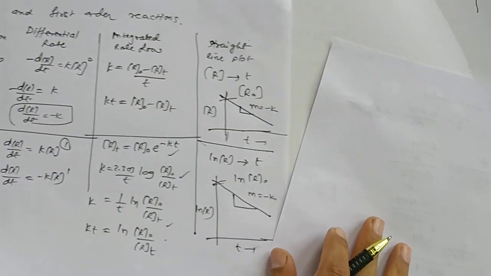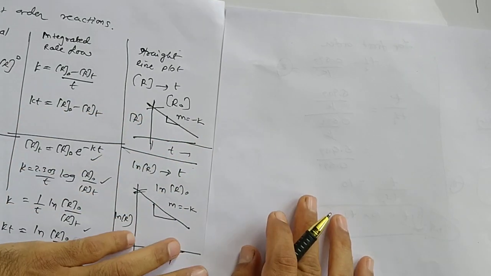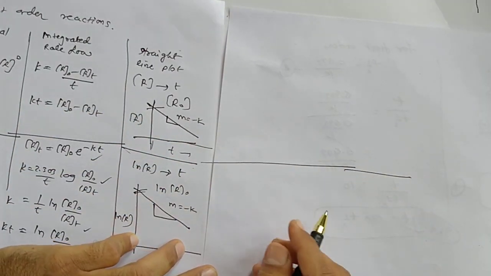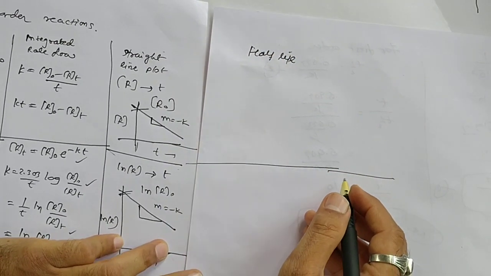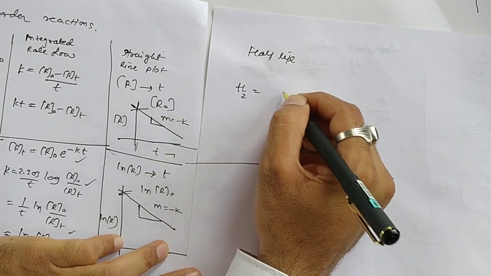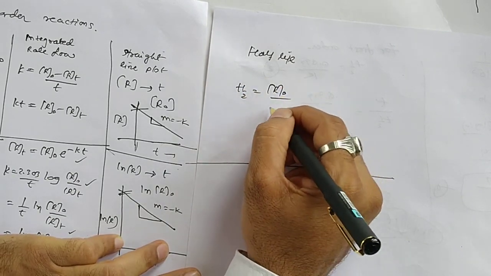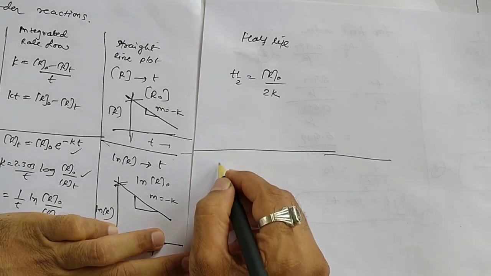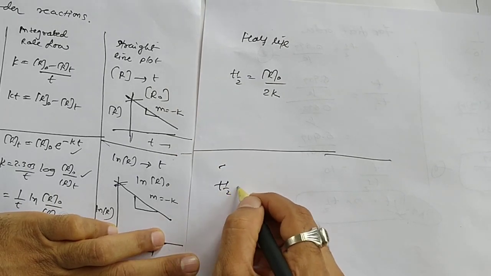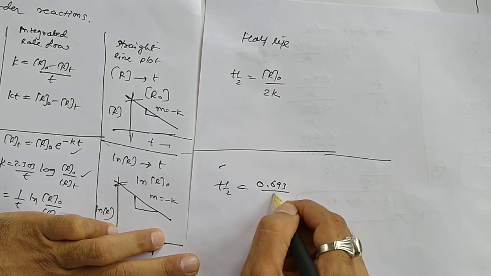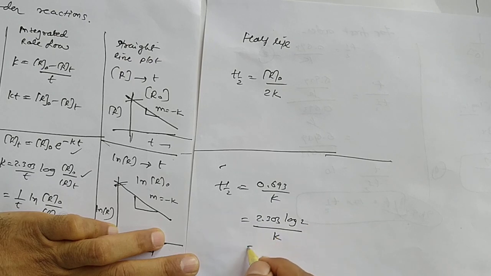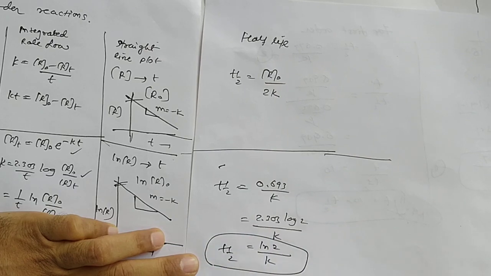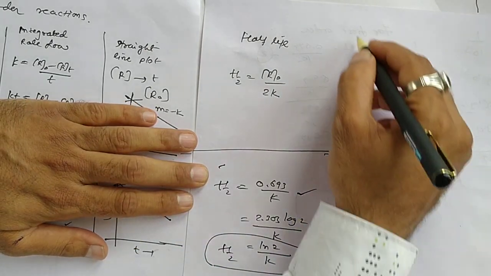And now half-life. For zero order, T1/2 is R0 by 2K. Now for first order, T1/2 is equal to 0.693, otherwise 2.303 log 2, upon K, or ln 2 upon K. Yes, all are true for first order.